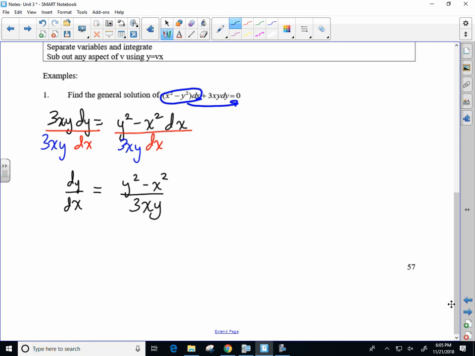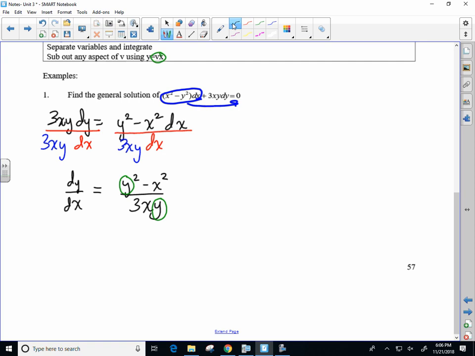But if I do a substitution, if I swap out the y for vx, I'm replacing y with something I know to be in proportion. All right, so v is a new function. So kind of like u substitution, where u is some new function.